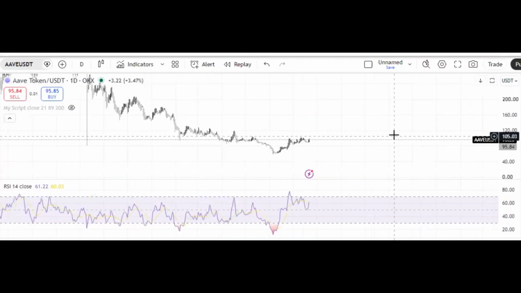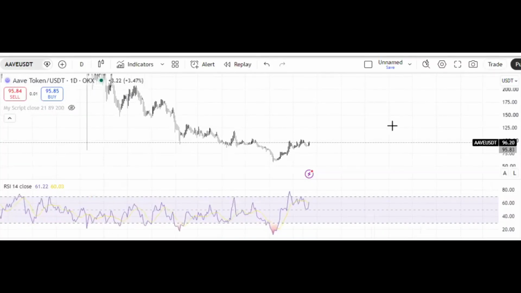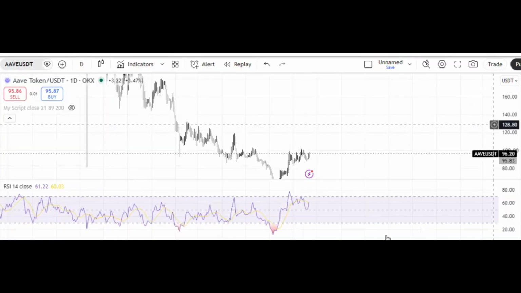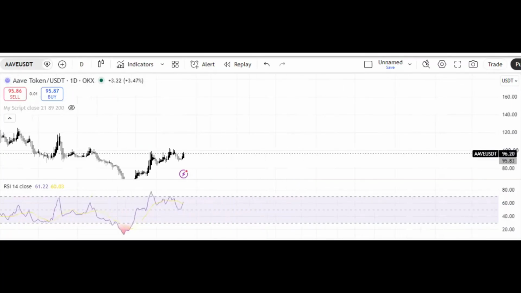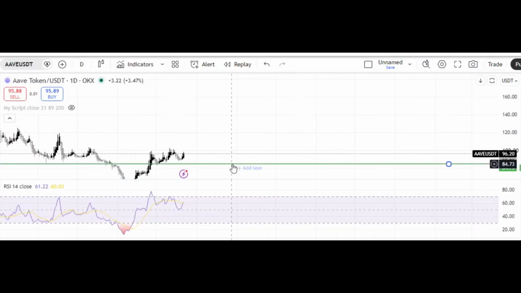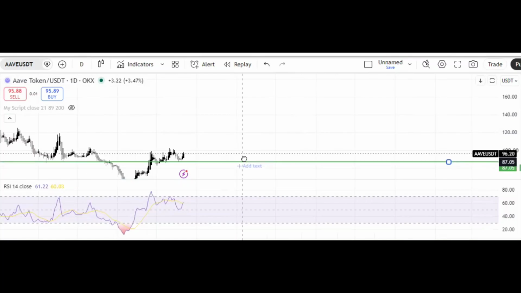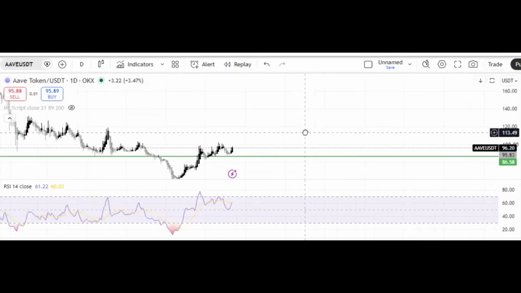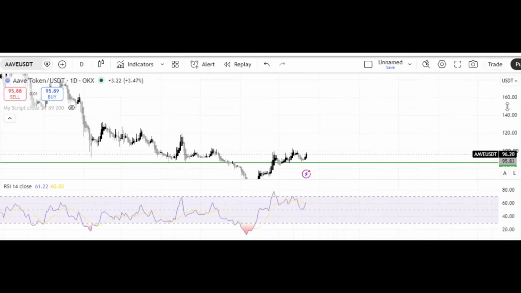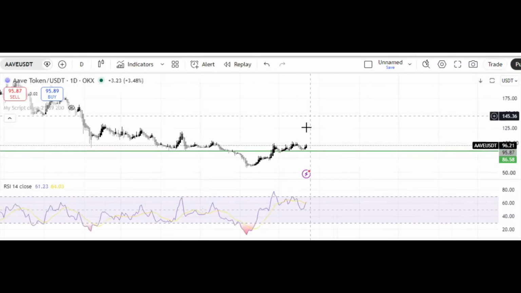Now we're looking at AAVE on the daily chart, and it is showing some strength. And as long as this recent low holds on daily, which is at around $87. So let's round it up to 85. As long as this low holds between 85 to $87, it is more likely to go and test higher zones.